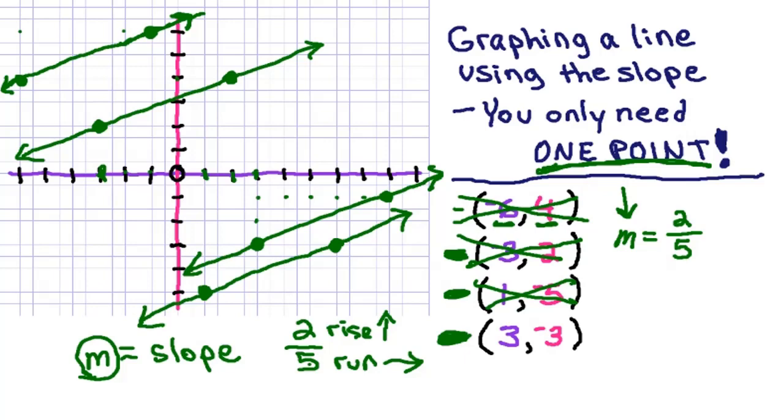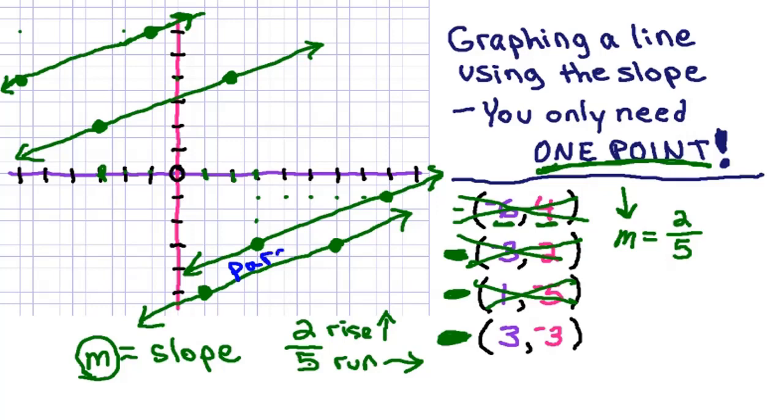Now, if you notice something, we've used the same slope for drawing all of these lines. And these lines are all parallel to each other. They'll never touch each other because they're all running at the exact same incline, the exact same slope, the exact same steepness, and they're set apart from each other.